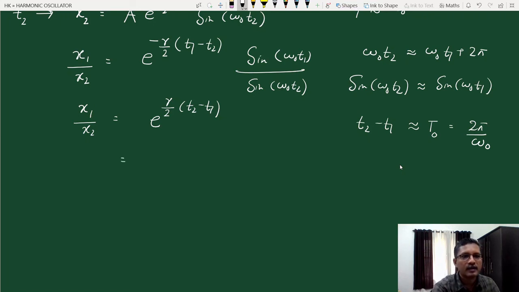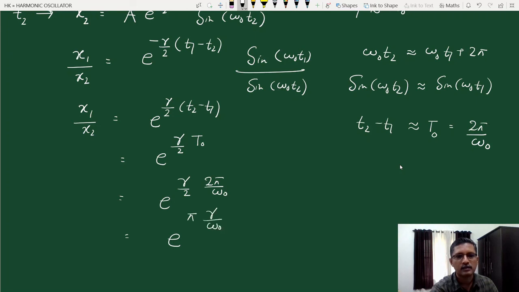So here I can rewrite this as e raised to gamma by 2 into T0, that is e raised to gamma by 2 into 2 pi by omega 0. The 2 will cancel, so e raised to pi times gamma by omega 0. What is this gamma by omega 0?